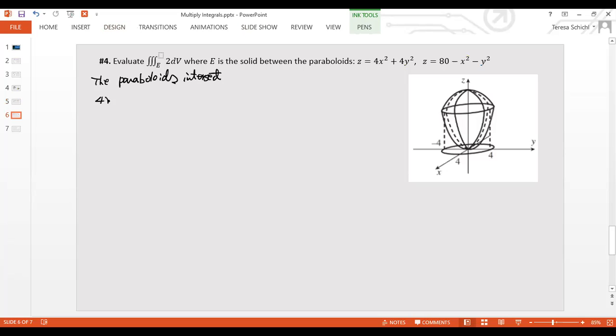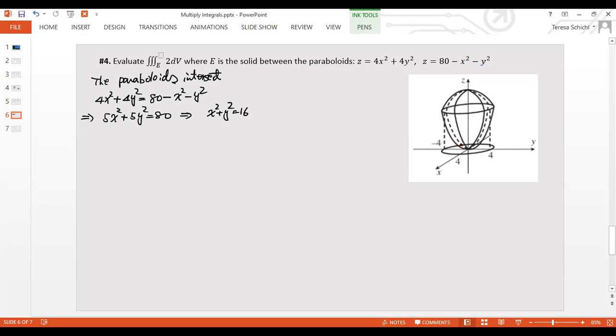So 4x squared plus 4y squared is equal to 80 minus x squared minus y squared. Then you do a little bit of simplification: 5x squared plus 5y squared is equal to 80, so x squared plus y squared is equal to 16. So where do they intersect? In a circle, x squared plus y squared equal to 16.